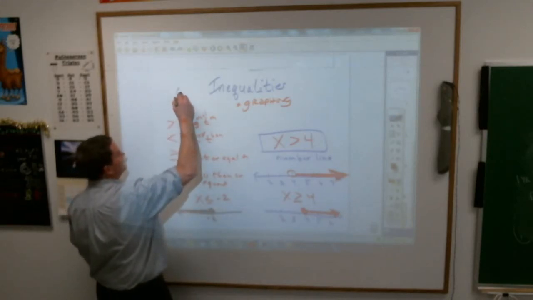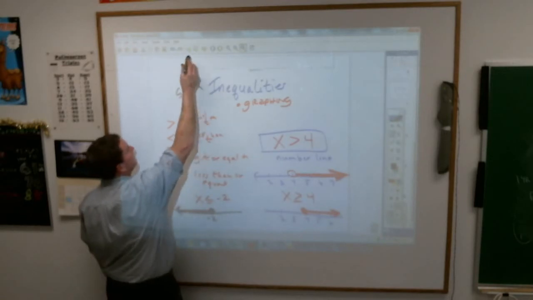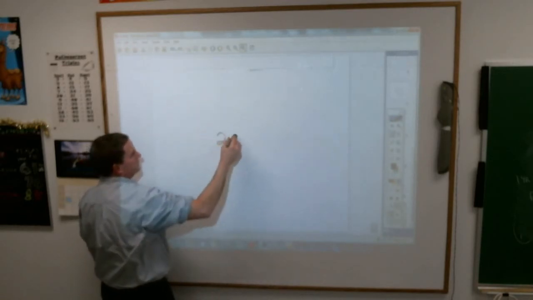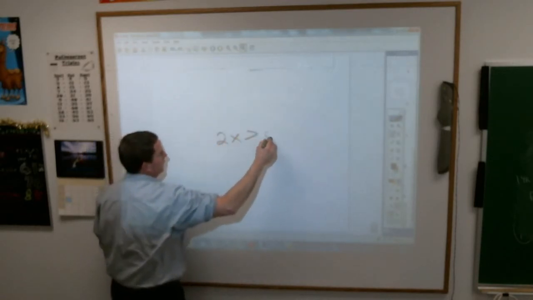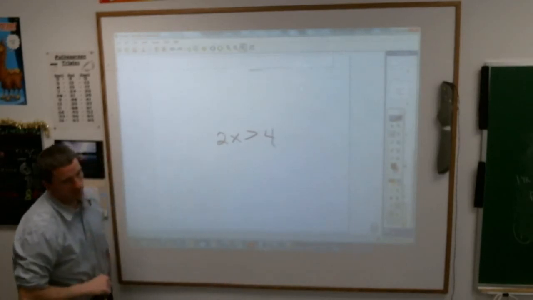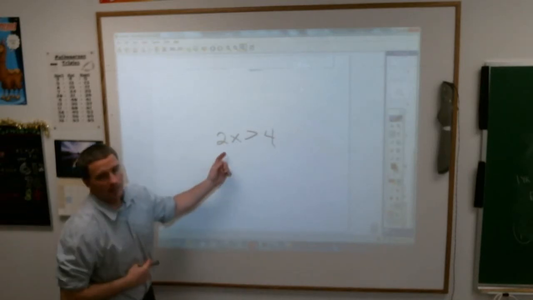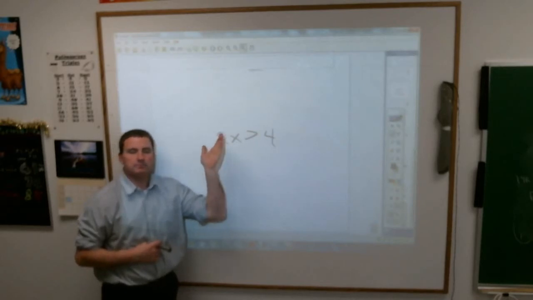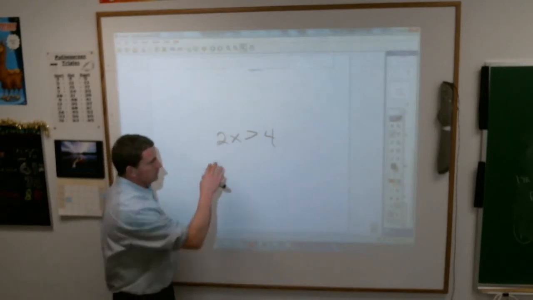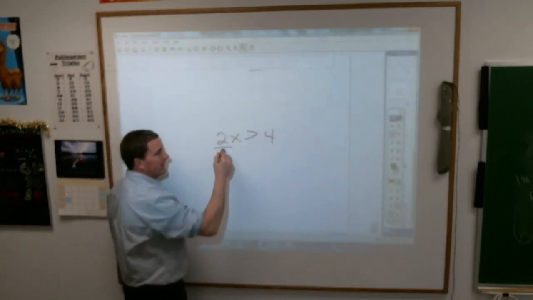Sometimes you are going to have to solve these things, which means you get this: 2x is greater than 4. They are solved just like equations. How do I get rid of the 2 in front of the x? 2 times x, so to get rid of the 2, I divide by 2.